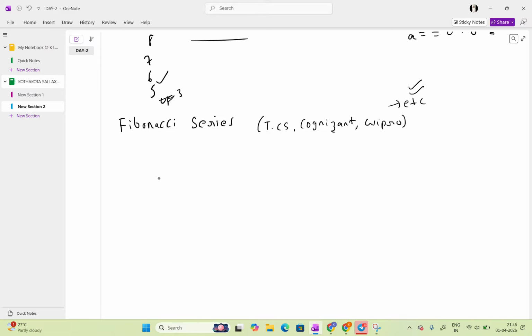There are multiple ways: an iterative approach and a recursive approach. As of now, firstly, I want to go with the iterative approach.